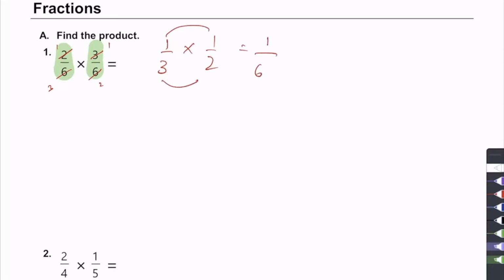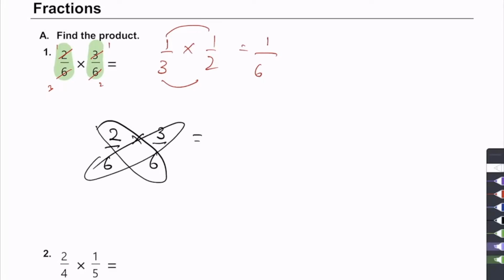However, there's something else that we can do. So if we rewrite that fraction over here, we can also, in multiplication, simplify diagonally. Okay?